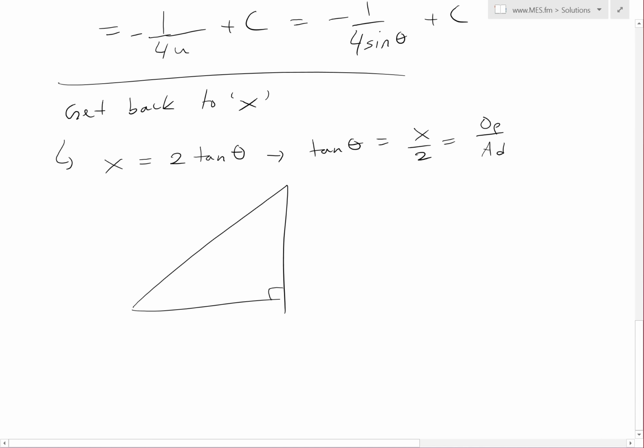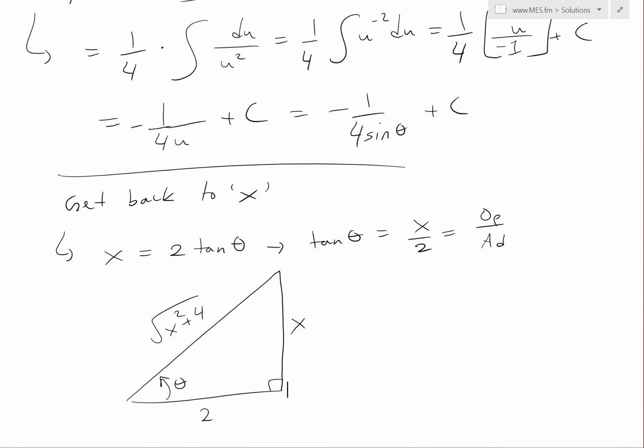So if we draw it like this, a right angle triangle, if this is the angle theta, the opposite is here, which is x, and the adjacent is here, which is 2. Using Pythagoras, this is x squared plus 2 squared, which is 4, all square root, is the hypotenuse.